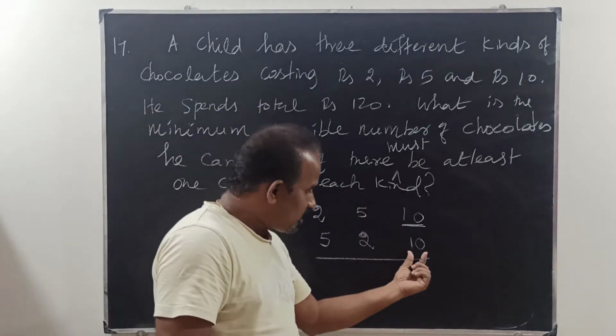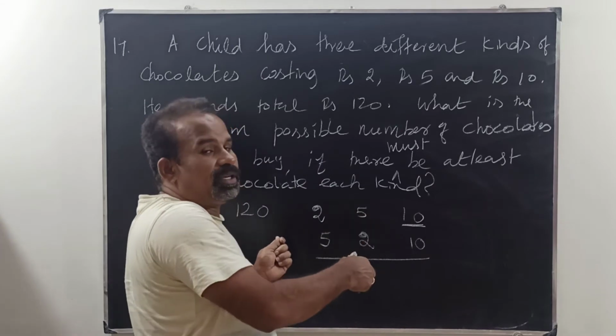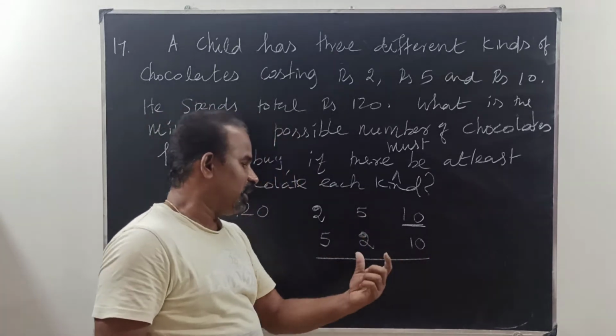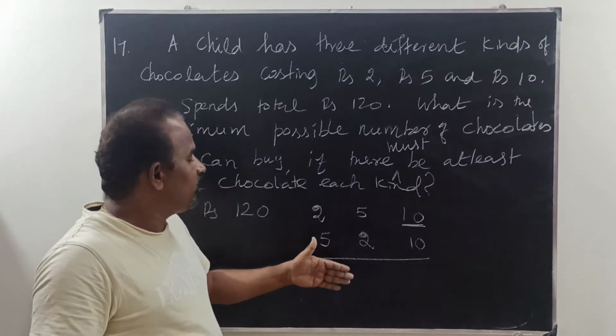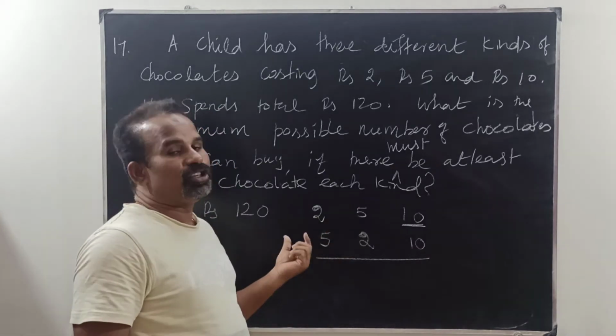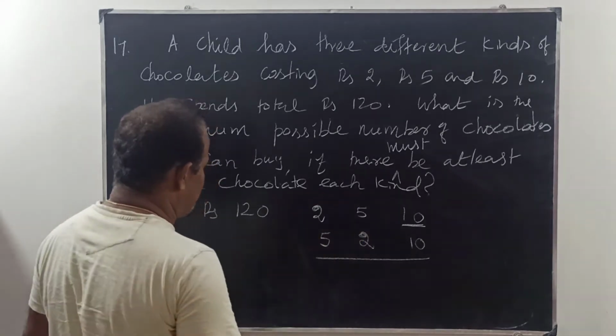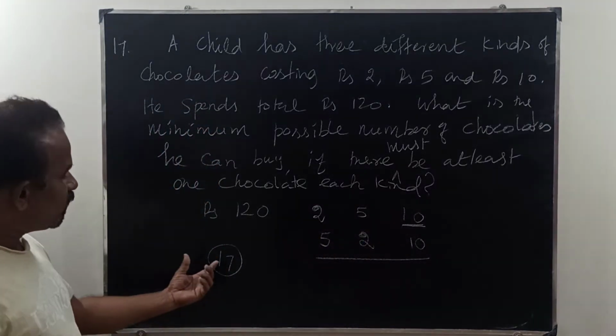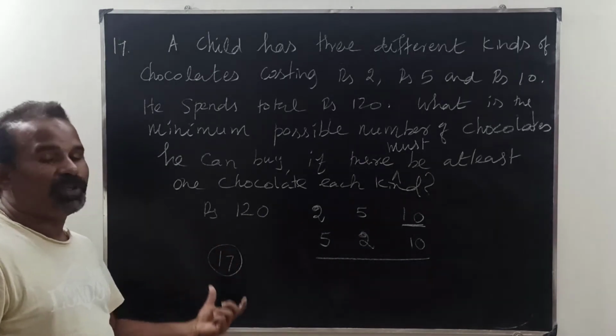If we decrease the number of 10 rupee chocolates, then the number of chocolates will increase in 5 rupees and 2 rupees. So therefore this is the minimum. So therefore the child should have 17 chocolates.